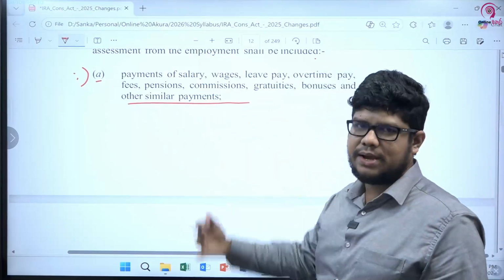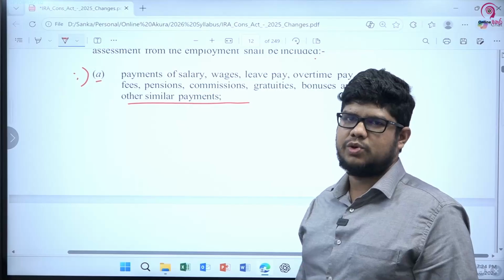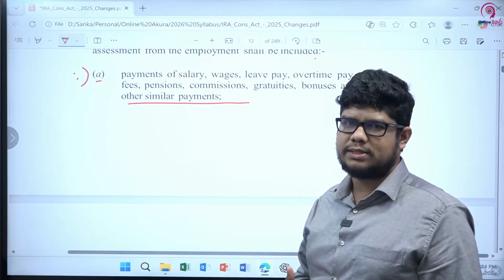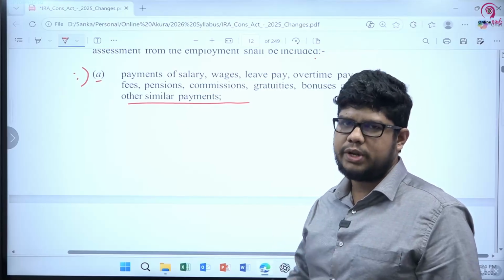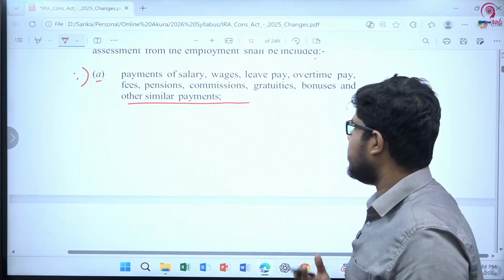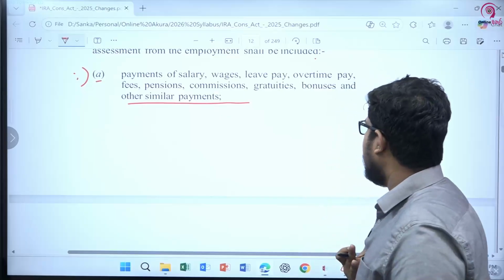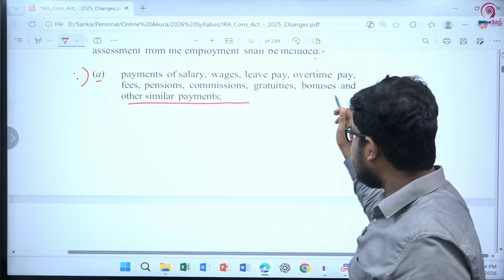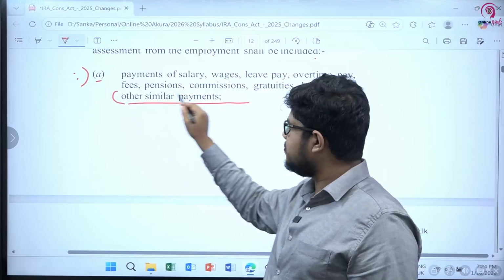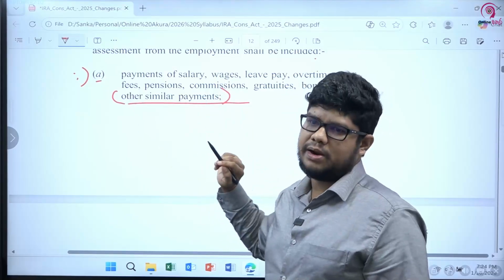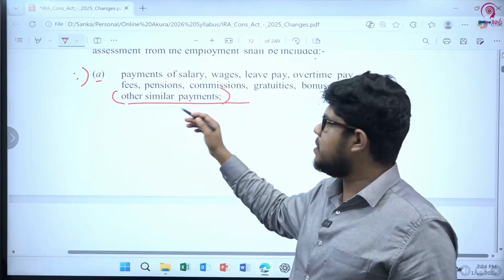So it covers everything, right? Wages, your salary, your bonus, overtime, gratuity, whatever commission you receive as a salesperson, everything is covered. And it adds another special term, "other similar." There are principles behind these things.